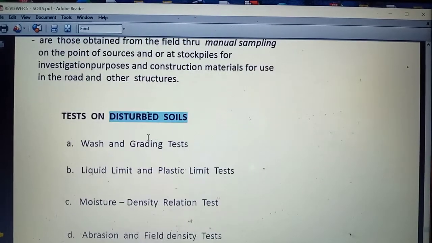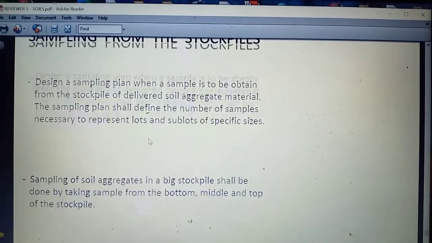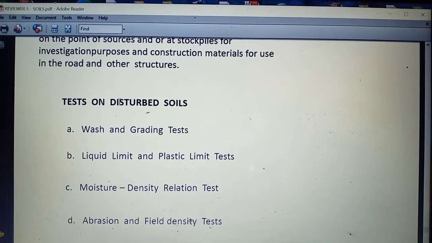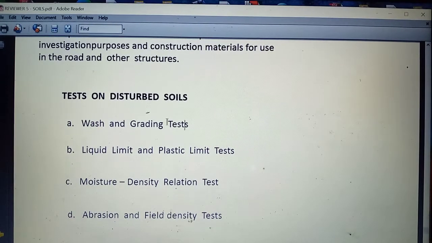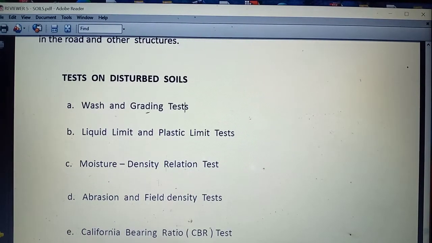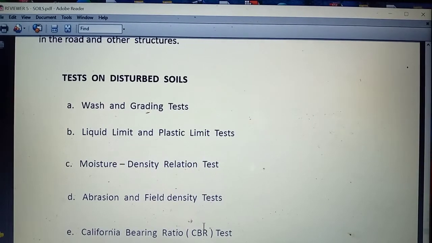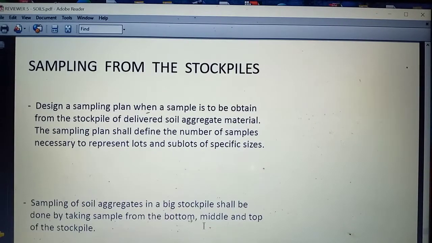But for road construction alone, pwede si disturb. Pwede si disturb if undisturbed is not present. Okay? So, wash and grading test, liquid limit test, moisture density relation test, or pwede ring tawaging maximum dry density test, abrasion and field density test, and California bearing ratio test.